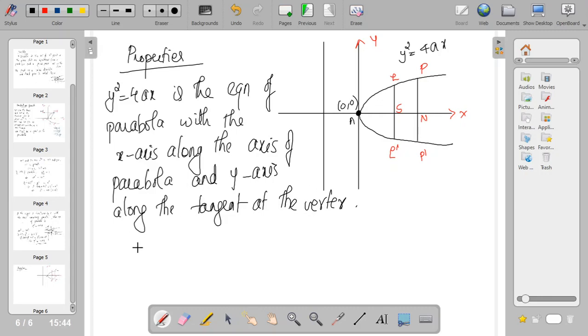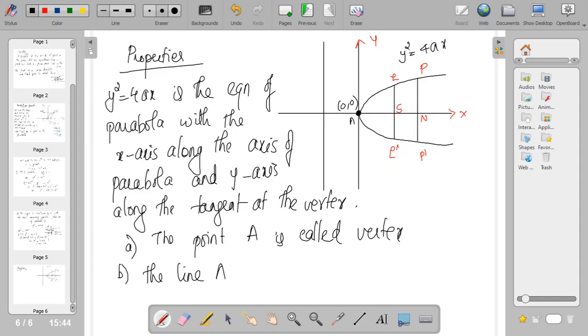So those are the terms in the parabola. So we have now seen three terms: vertex, then what is called the axis. Okay, so the point A here is called the vertex of the parabola. So the point A is called vertex, and the line AS produced indefinitely is called the axis of the parabola.